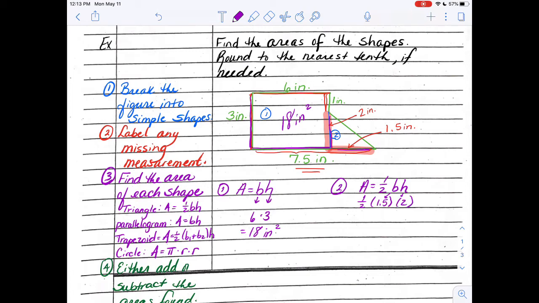Now all I have to do is multiply those. And honestly, I can do 1/2 times 2. That's really easy. What's half of 2? Half of 2 is 1. So now I just have to do 1 times 1.5. Well, 1 times 1.5 is 1.5. So now I've got 1.5 inches squared for my triangle.